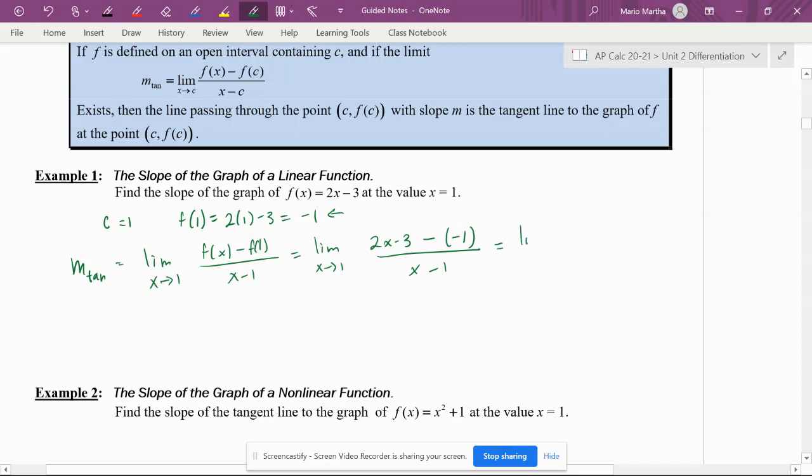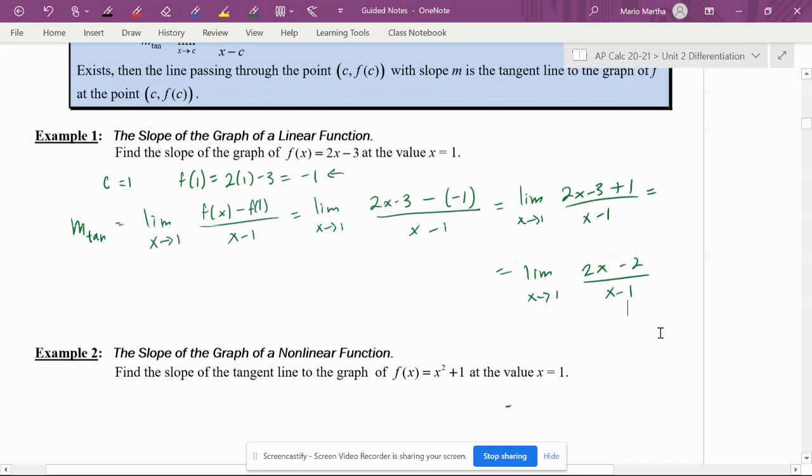We simplify: 2x minus 3 plus 1 over x minus 1, and again: the limit as x approaches 1 of 2x minus 2 over x minus 1.